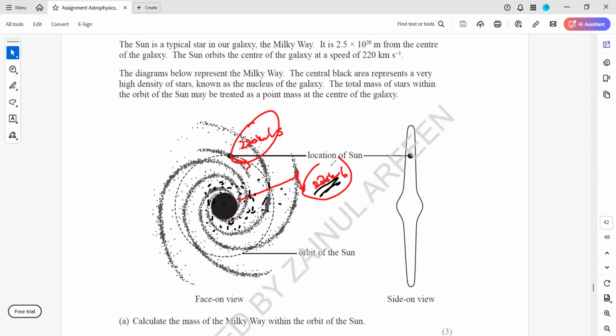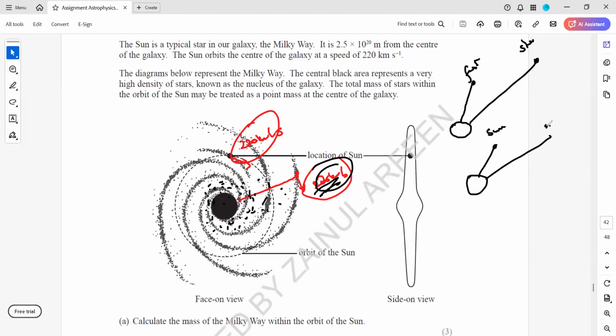According to theory, if the mass is constant, those objects which are closer to the star are moving faster, and those which are away are moving slower. That is the right concept. But when we observe the two objects, they are moving at the same speed, even if one is further or closer.